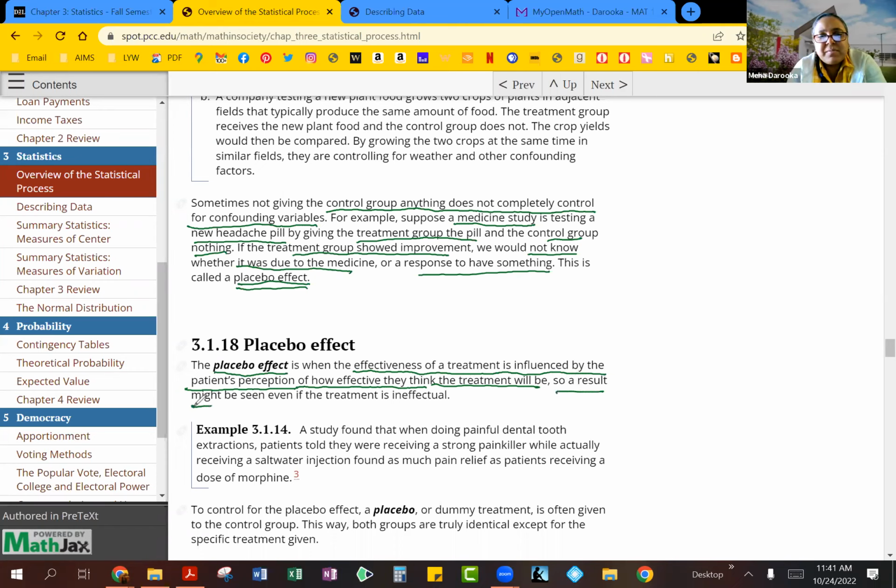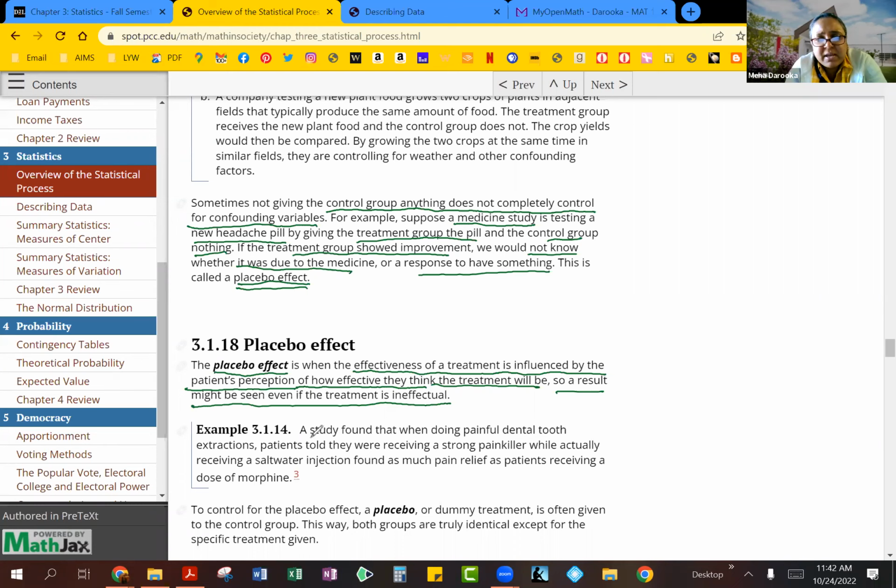So a result might be seen even if the treatment is ineffectual, you may still see improvement in the person's condition. So that's one of those other things you have to be mindful of when you're performing these kinds of studies.